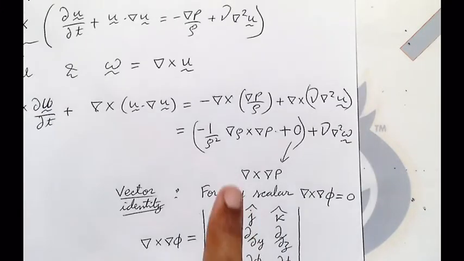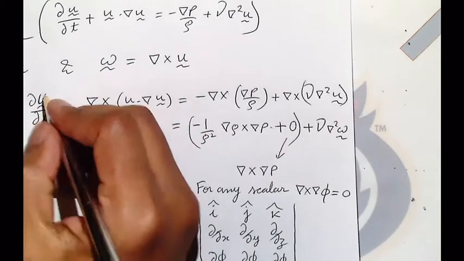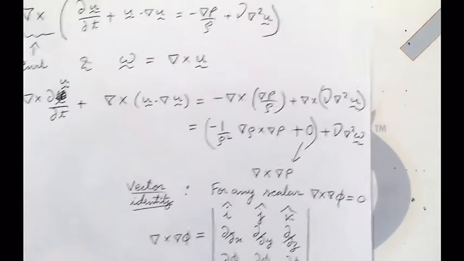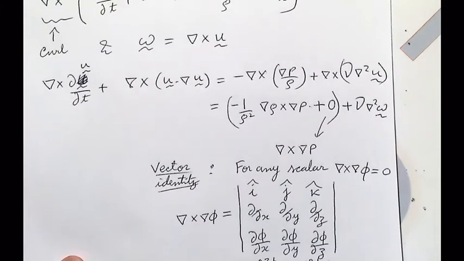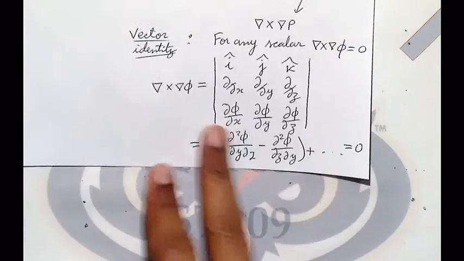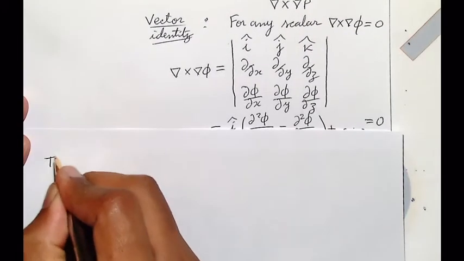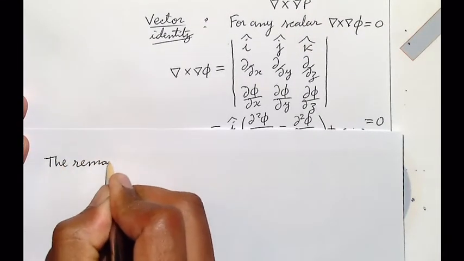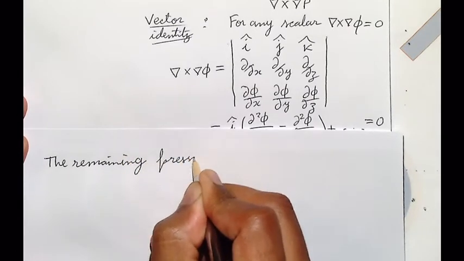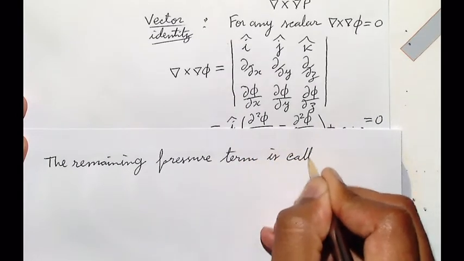All right, so now we'll go through all the terms one by one. This is a u, not an omega. All right, so the pressure term, the remaining pressure term is called the baroclinic term.